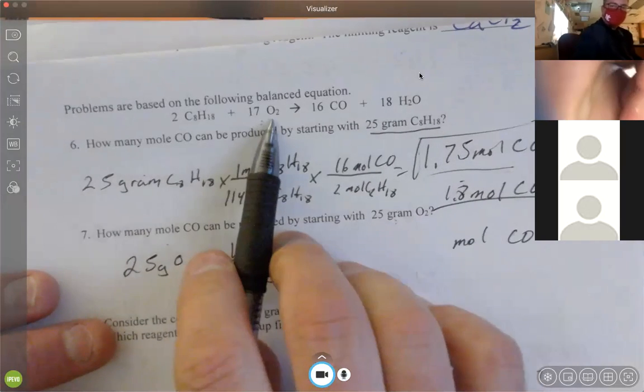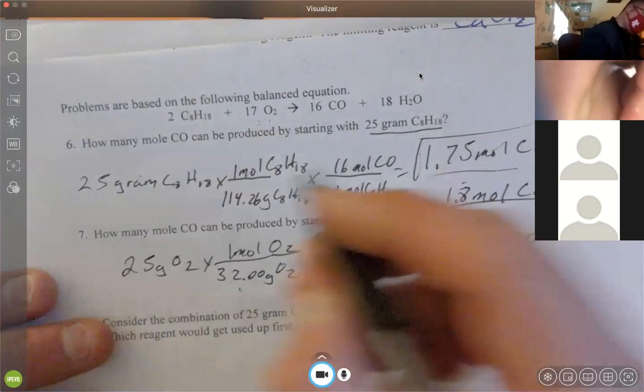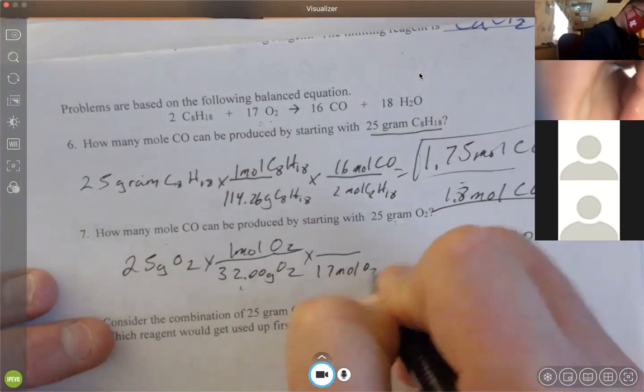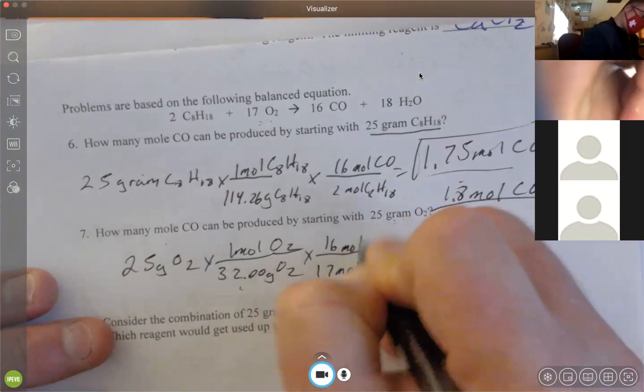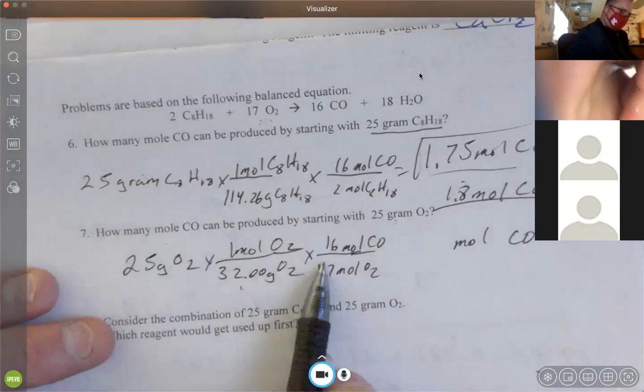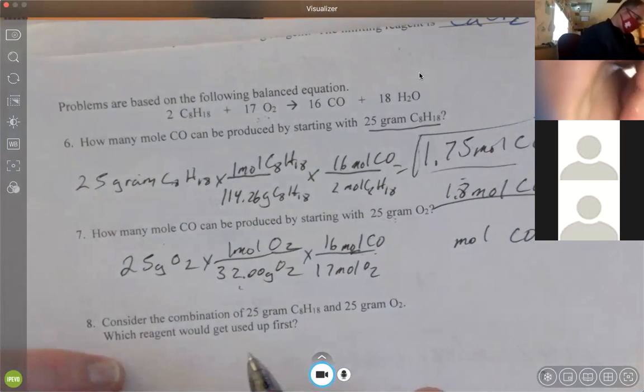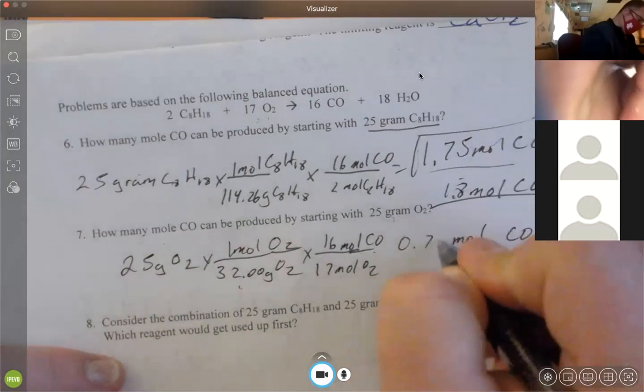For every 17 moles of oxygen, we make 16 moles of carbon monoxide. That's what I want, moles of CO. 25 divided by 32 times 16 divided by 17. The answer is about 0.7352.